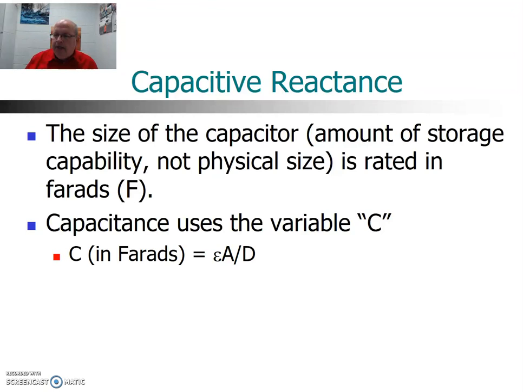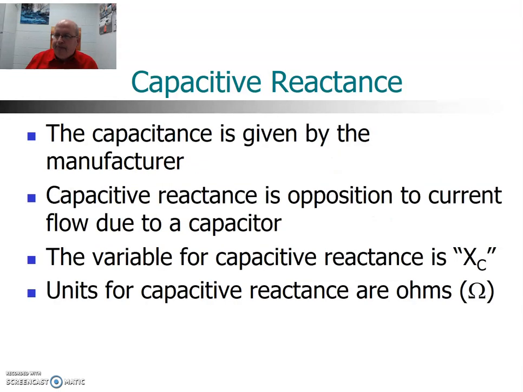If we're using capacitance in a formula, we use an uppercase C. So uppercase C is epsilon A over D, and that is the area of the plates divided by the distance between the plates multiplied by the permittivity of the dielectric. So when you purchase a capacitor, the manufacturer will tell you the value of the capacitance, and from that we could determine the capacitive reactance, the opposition to current flow.